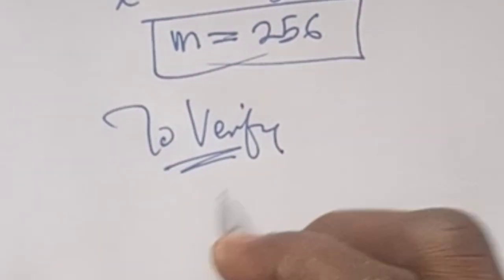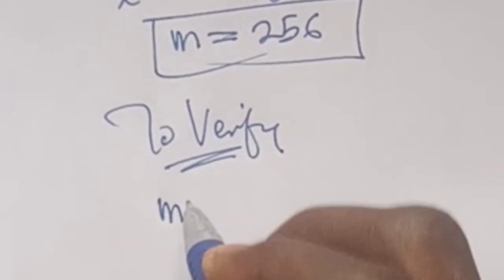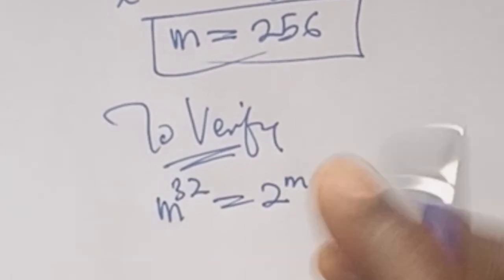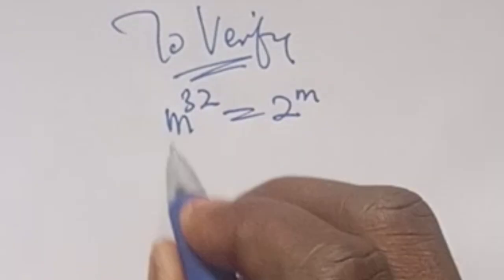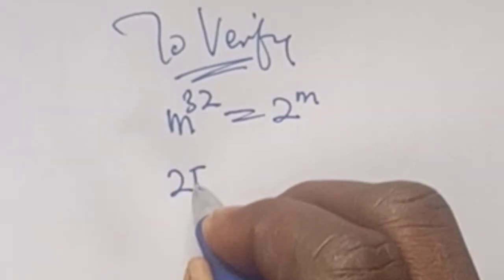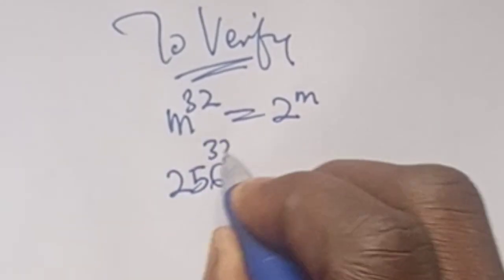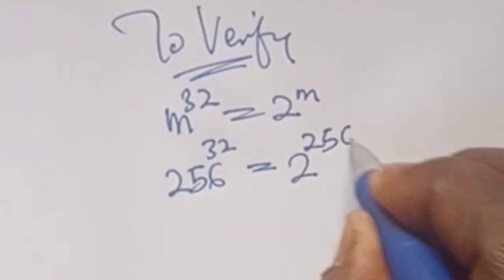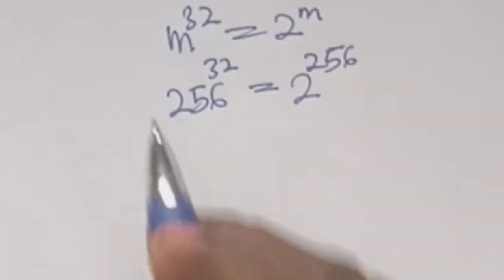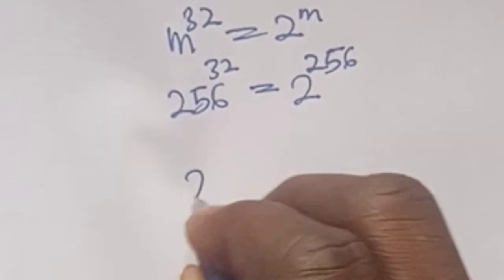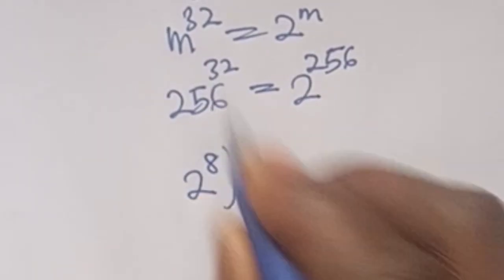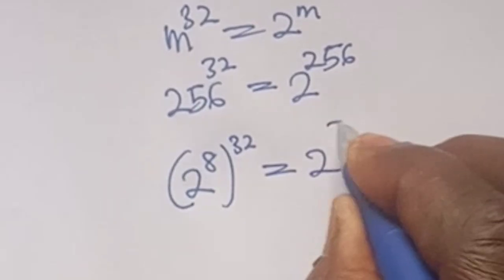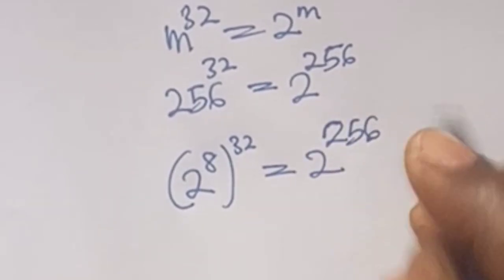To verify this, from the original equation, m to the power of 32 equals 2 to the power of m. Here m is 256, so 256 to the power of 32 equals 2 to the power of 256. 256 in index form can be written as 2 to the power of 8, all to the power of 32, which equals 2 to the power of 256.